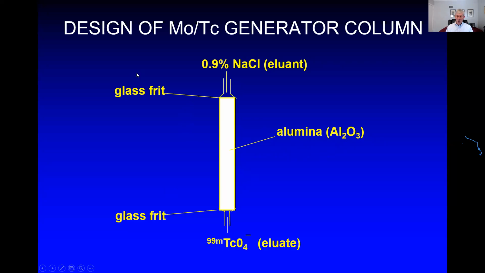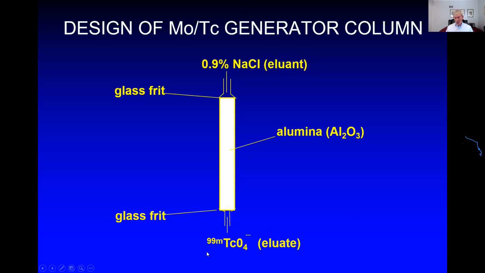Now, the two terms here, eluent and eluate, look alike and sound alike, but they're very different. The eluent is the solution that we put down the column. That would be sodium chloride solution. The eluate is what we collect on the bottom. That is pertechnetate.